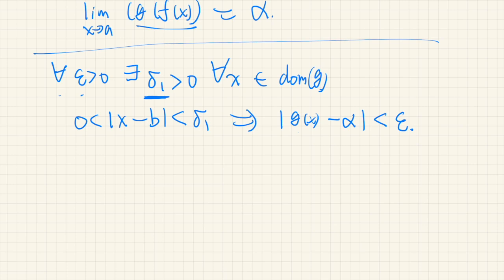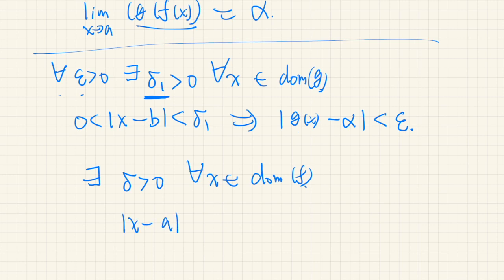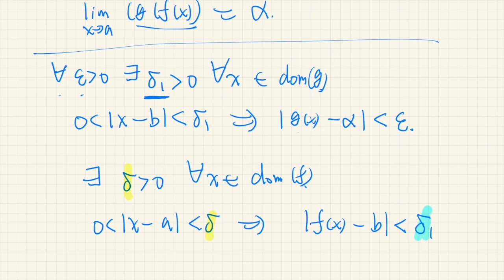So for this delta 1, there exists some delta such that for all x which is in the domain of f, if the difference between x and a is between 0 and delta, then the difference between f of x and b is less than delta 1. So this delta 1 is this delta 1.